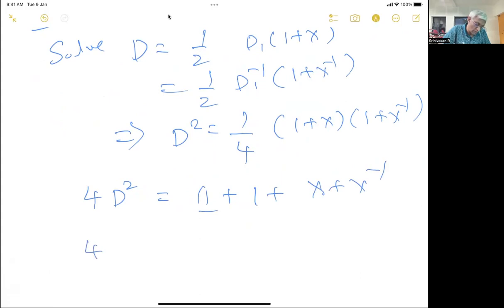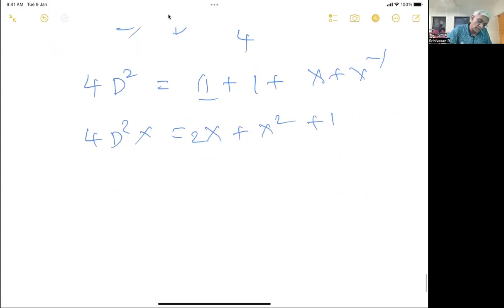So this is 4D square equal to x plus 2x plus x square, plus 1. Is there any other term? There should be three terms, no? So I write it as a quadratic equation: x square plus or minus maybe.